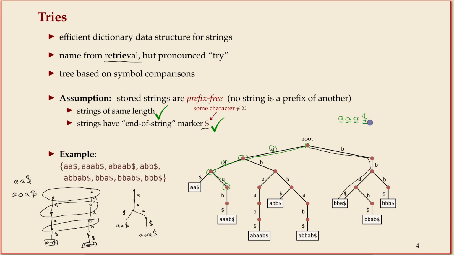Now our query string is finished, so we would want to see a dollar, the end of string symbol, but here there's no dollar. So that would be the point where we can conclude that string A A A dollar is not part of the set of strings that this trie represents. Whereas if you ended up in a leaf, then you would have found that string and you can look up what value is associated with it.